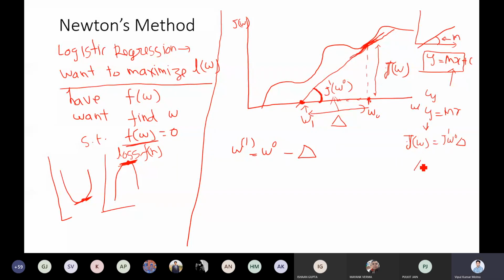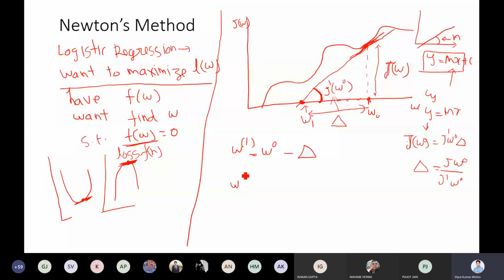So in that case, your delta value will become J of W divided by J dash W0. Actually, this is also W0, right? So we have replaced this: W1 equals W0 minus, replacing the delta value, J of W0 divided by J dash W0.